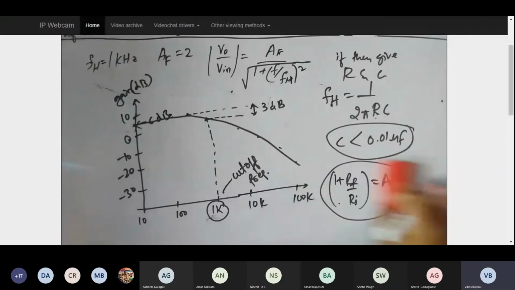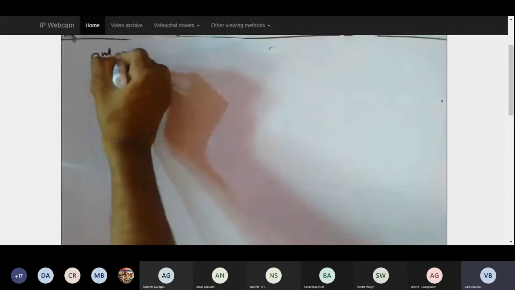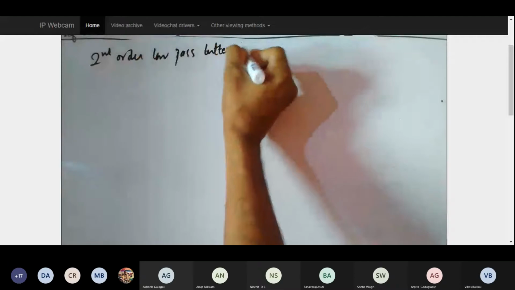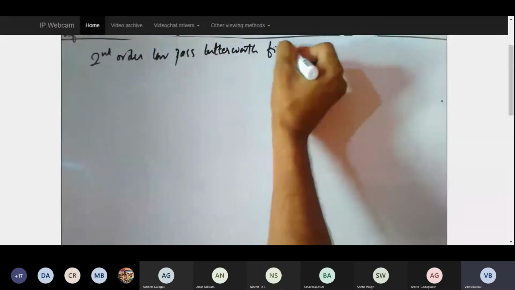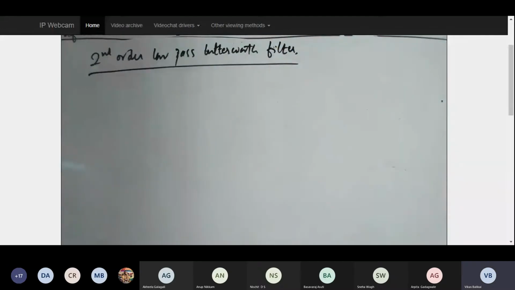Now we'll begin with the second order low pass filter. We have concluded the first order low pass filter. Let's say the second order low pass Butterworth filter.